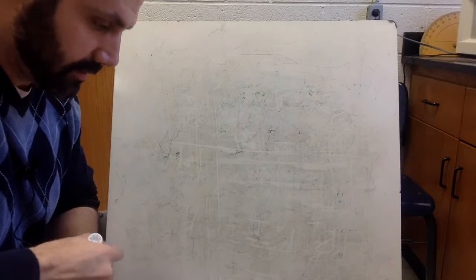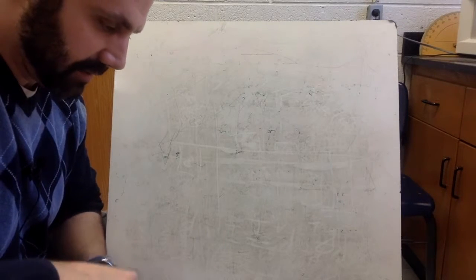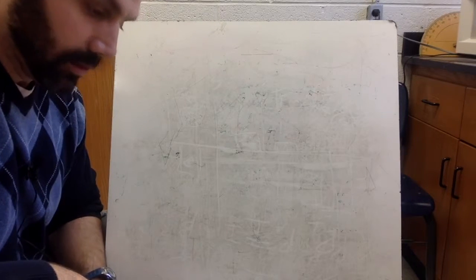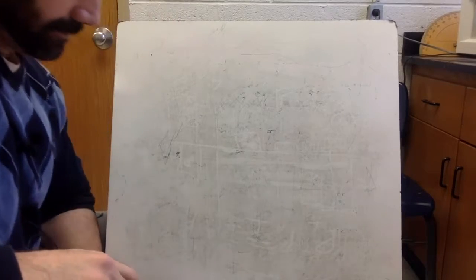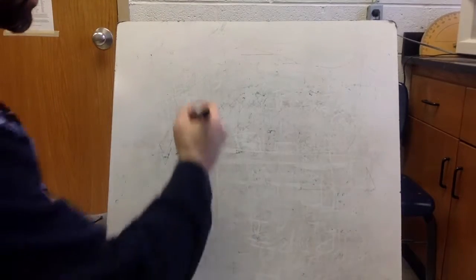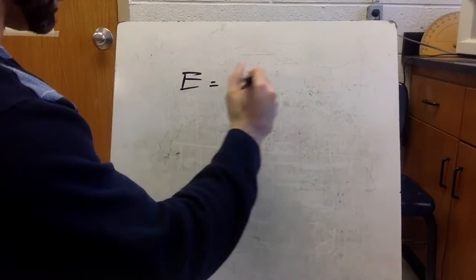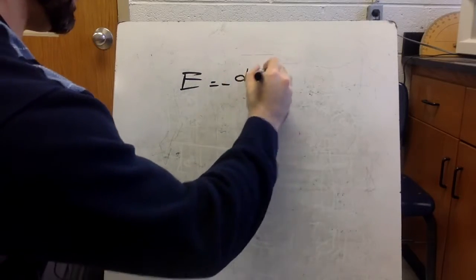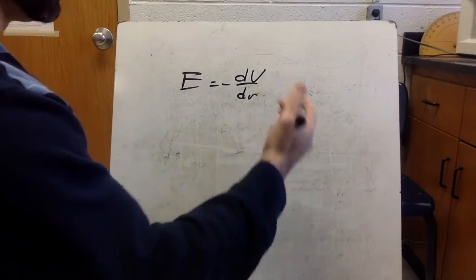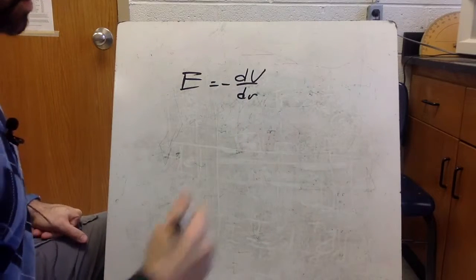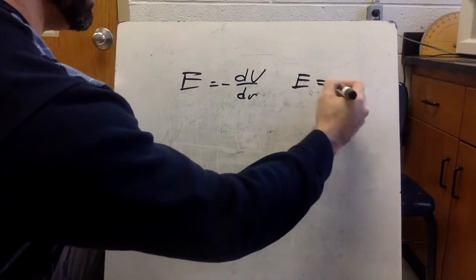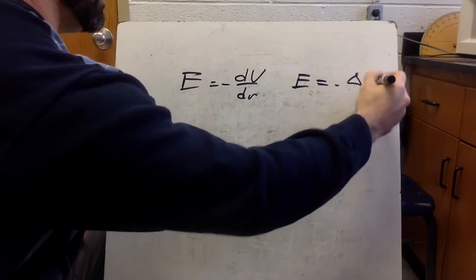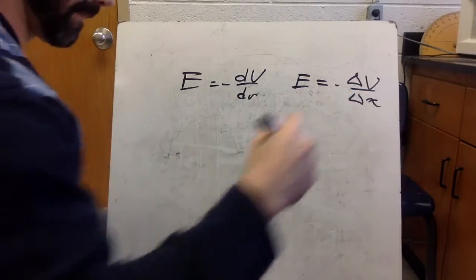Okay, so now we're talking about chapter 24, sections 5 through 8, more about electric potential and this relationship. Don't forget, in general, E is negative dV/dr or dV/dx. In a uniform electric field, E is negative delta V over delta x.